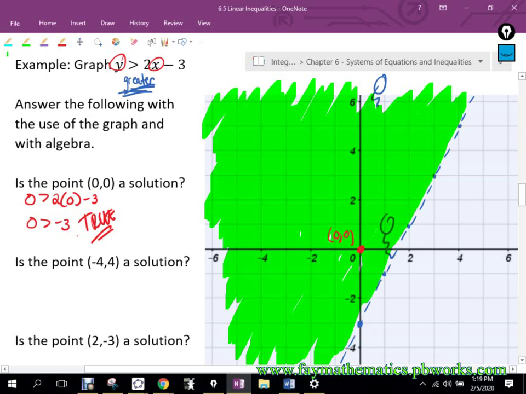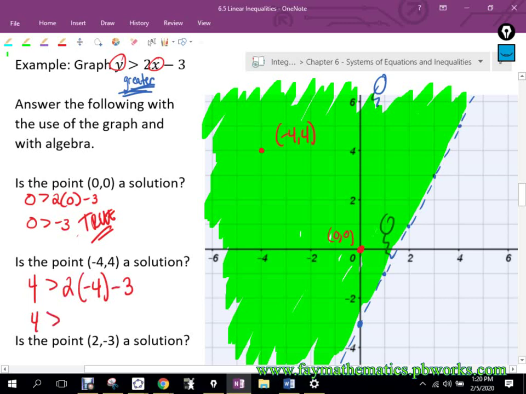If I try negative 4, 4, that is right there. Visually, it's a solution, right? It's in the green. Let's plug it into my inequality. y was positive 4, is that greater than 2 times negative 4 minus 3? What's 2 times negative 4? Negative 8.